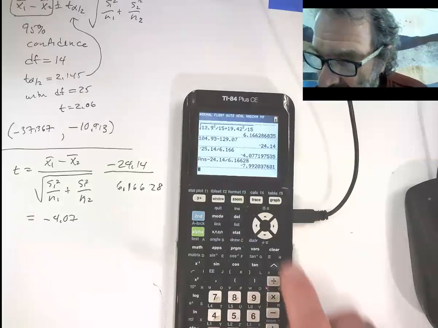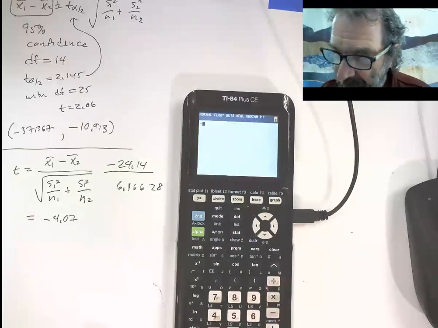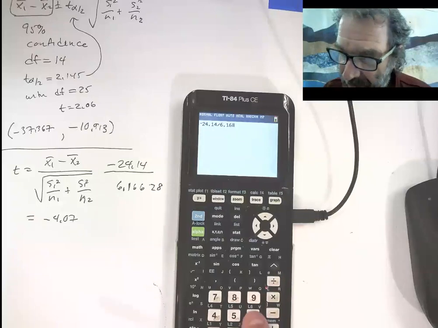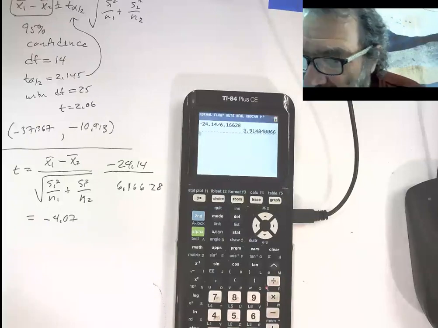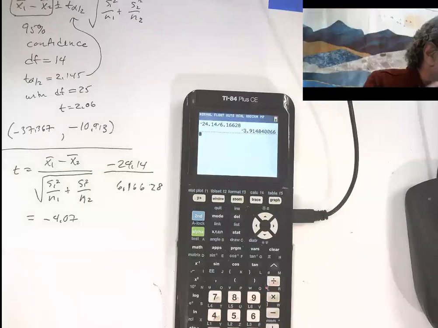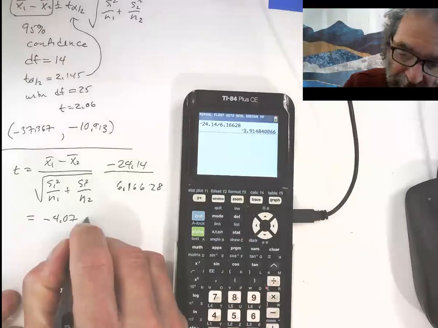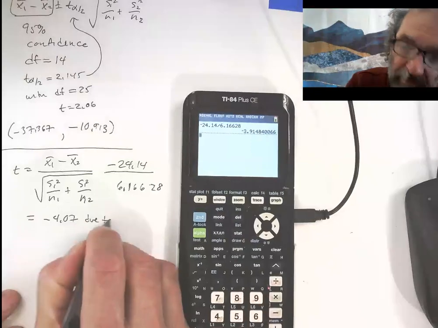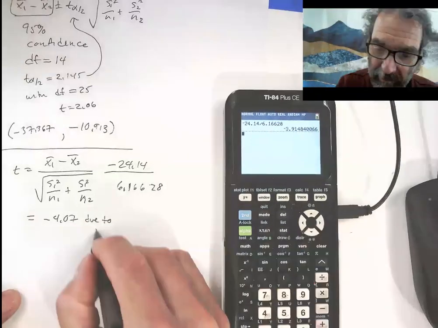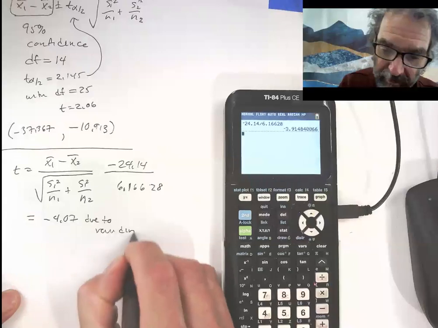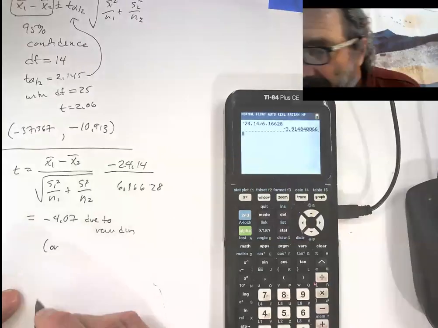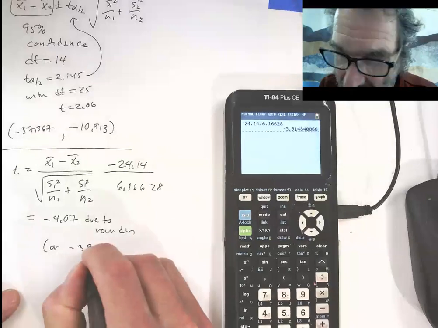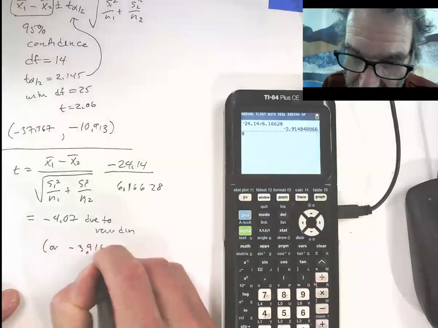Oh, try it again. Minus 24.14 divided by 6.16628. There we go, minus 3.91 due to rounding. Or if we cared, minus 3.914 or something.